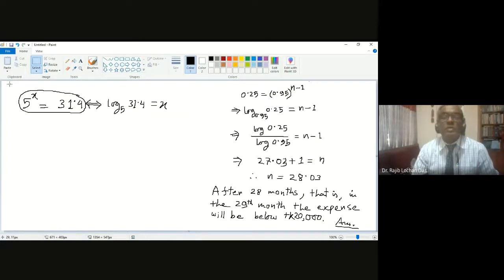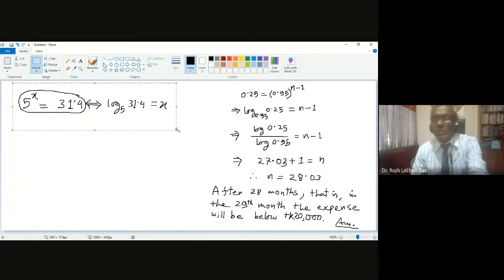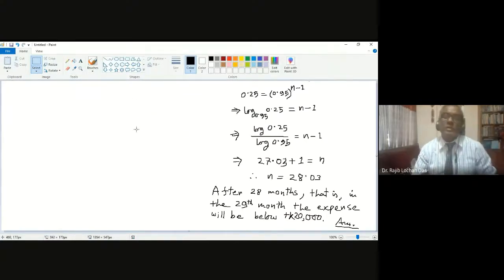If you need to find out the power of a number, then you will use log. That's all, every time, everywhere in your life. Is it clear now? Yes, sir.